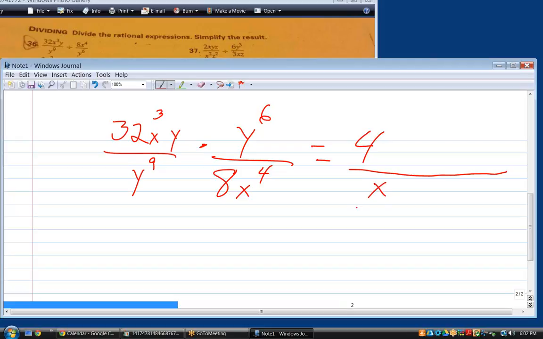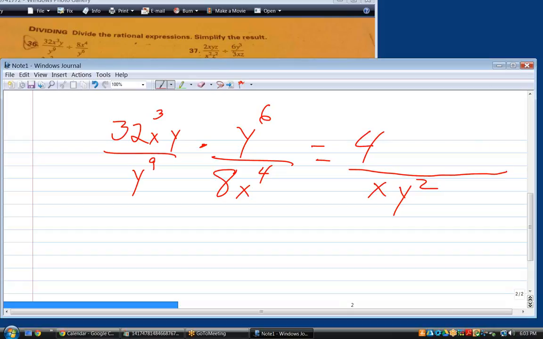Yeah. Okay. Now how about y? Which would be y squared in the denominator. And there's your answer.